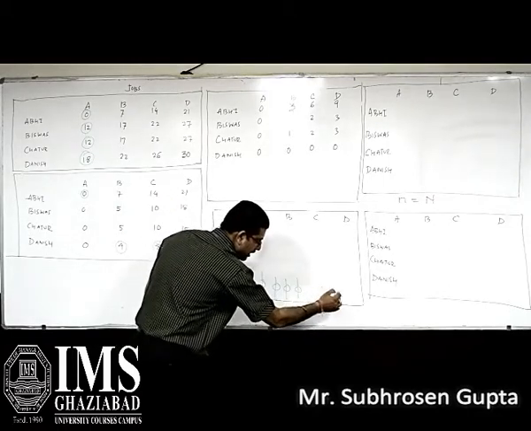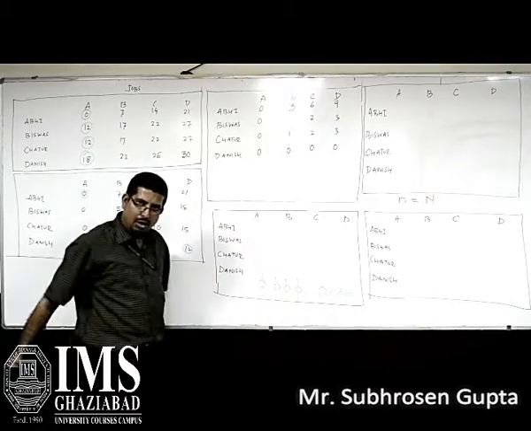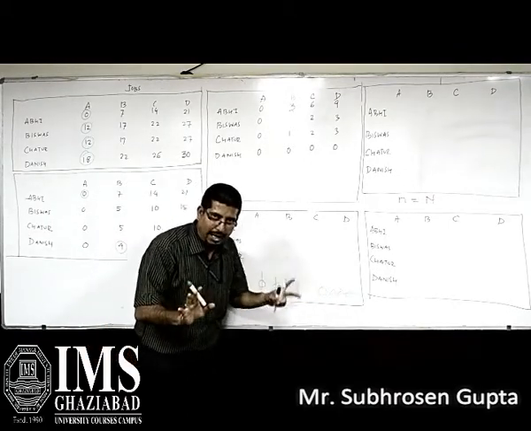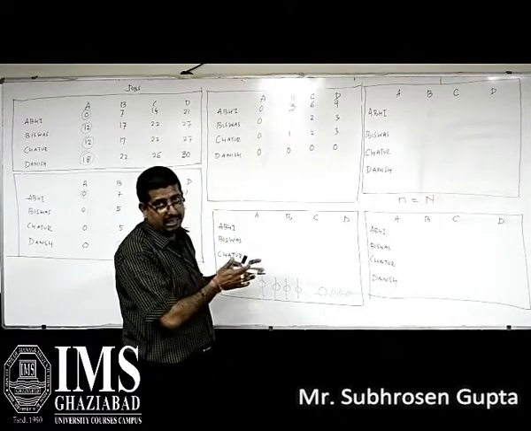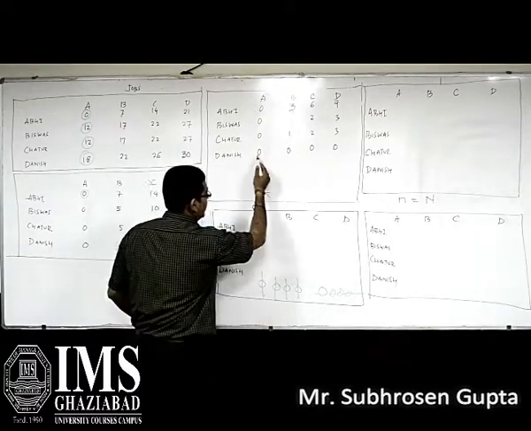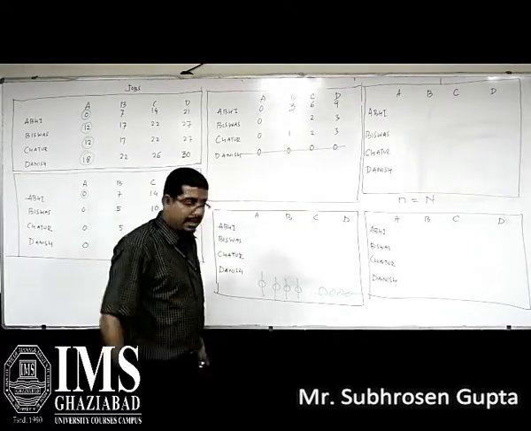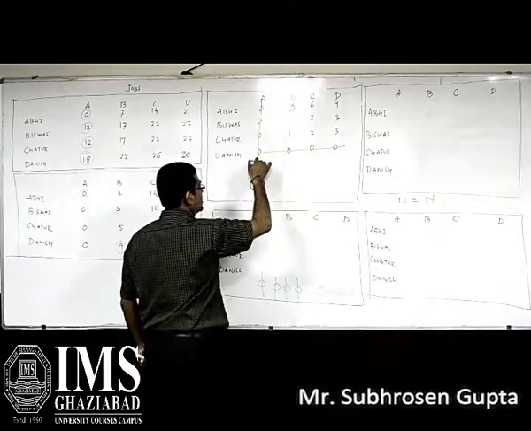Please use this single line to cut all these zeros. This is called minimum lines. Okay? So here we are trying to cut all the zeros with minimum lines. These 4 zeros can be cut like this, and these 3 zeros can be cut like this.